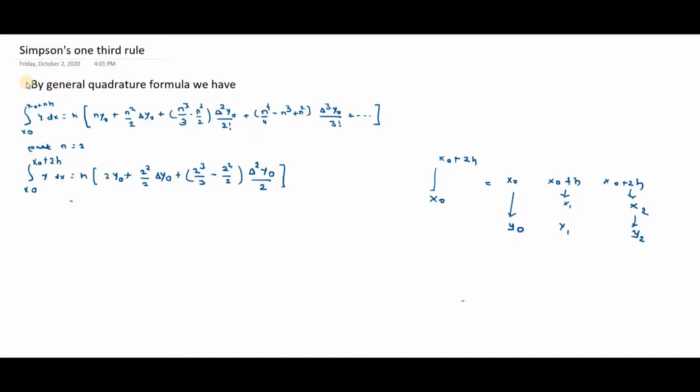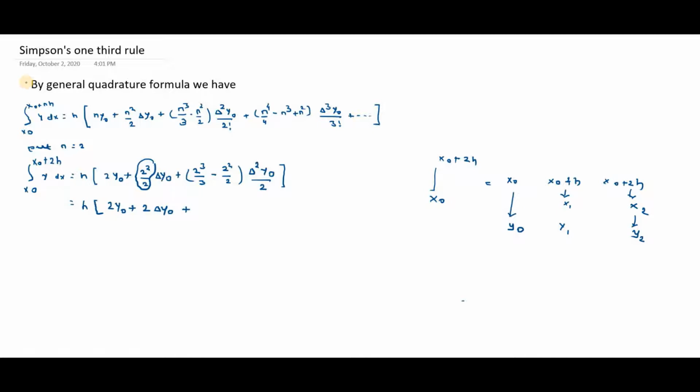So this is equal to h into bracket 2y0 plus, in this case 2 square divided by 2, one of the 2 gets cancelled, so we are left with only 2 into delta y0 plus.